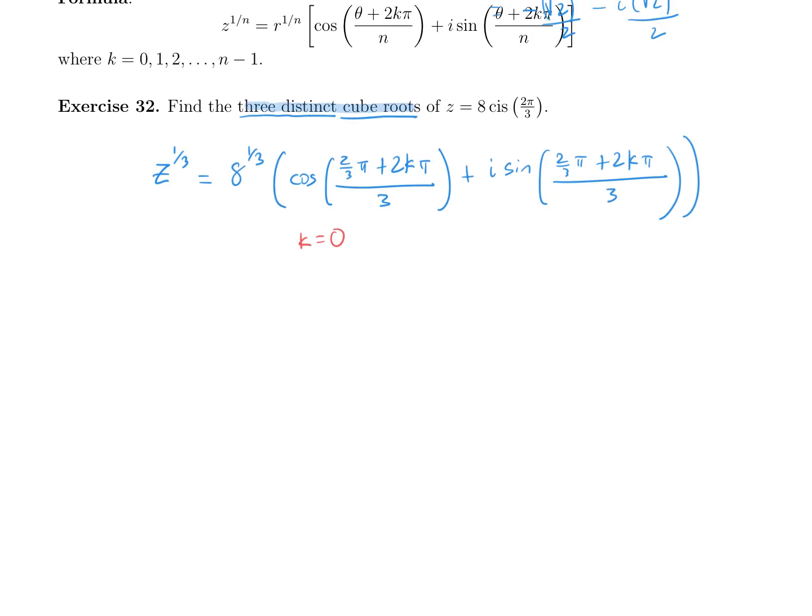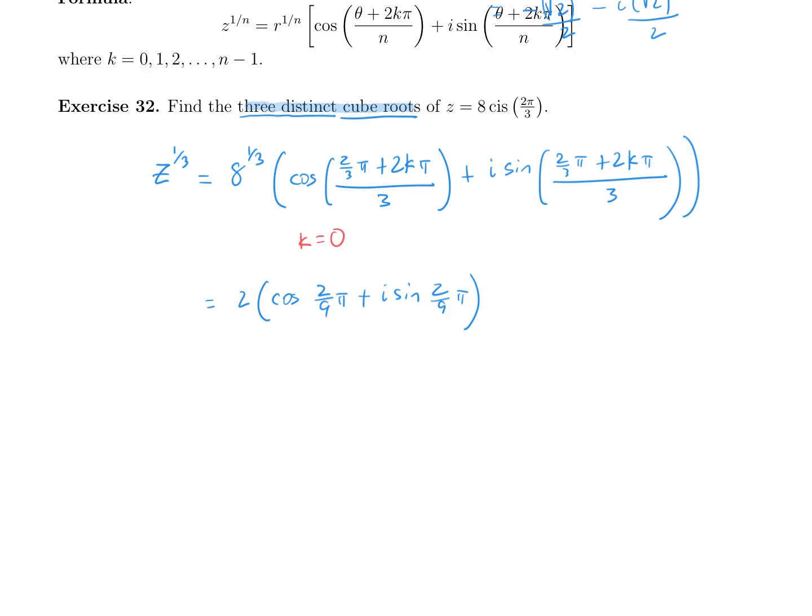So when you plug in 0 for k, you should get the cube root of 8 is 2 cosine 2/3 pi. Well, this is just going to become 0 because k is 0, so this will disappear. You have 2/3 pi divided by 3, which is 2/9 pi. Okay, so that's the first root.